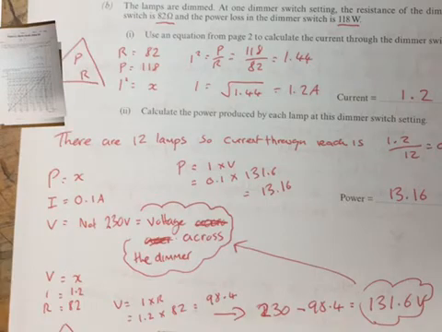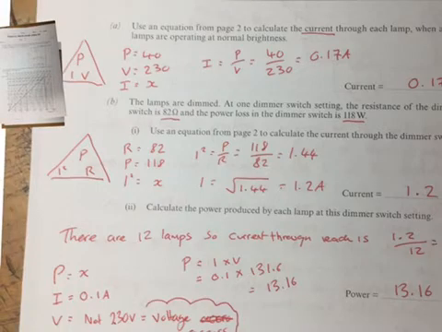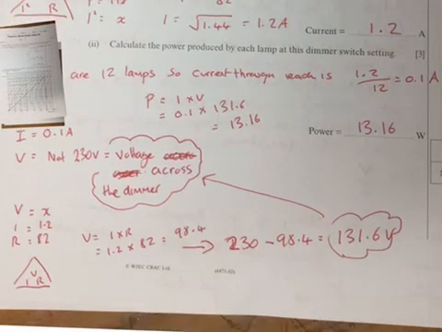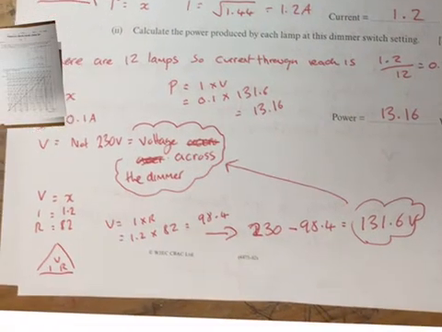Now I need to know my voltage. Because the dimmer switch has altered the voltage, we need to put that 82 ohms into that equation.